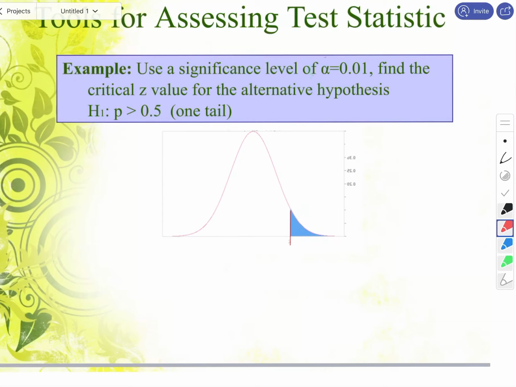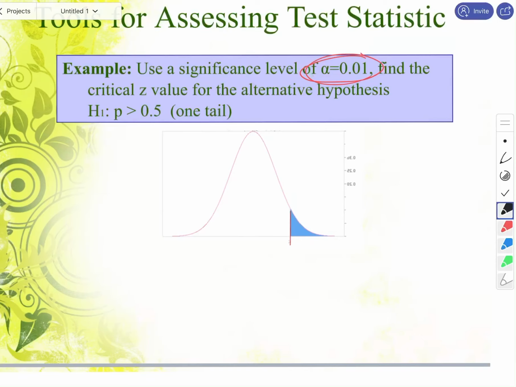Okay, quick review problem. We did an example like this in a previous video. It says to use a significance level of alpha equals 0.01 to find the critical z-value for the alternative hypothesis H1, which gives us p, little p, the proportion, is bigger than 0.5.